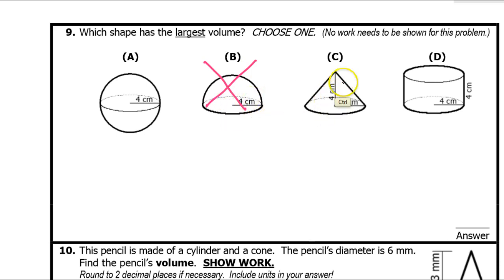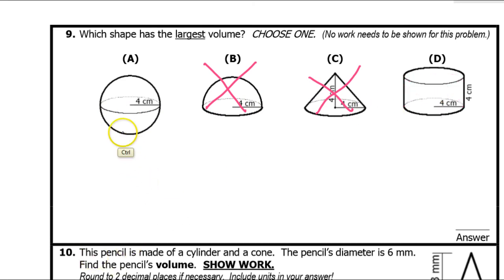Option C, this pyramid, notice it has the same height as this cylinder. Did I say pyramid? This cone would fit inside of the cylinder like this, and there'd be all this space left over. So clearly the cylinder is bigger than the cone. So it really just comes down to these two.